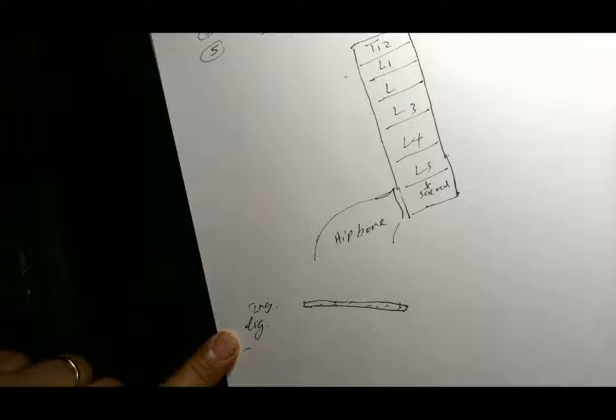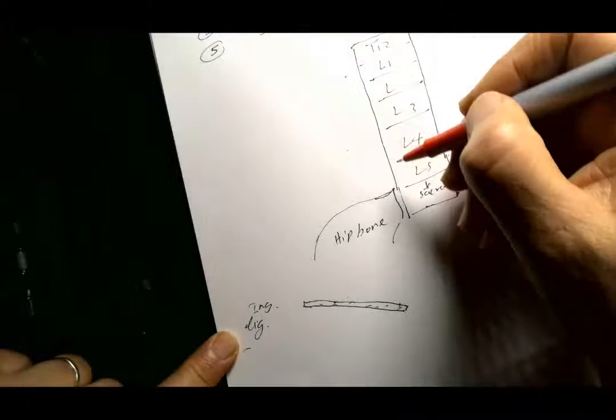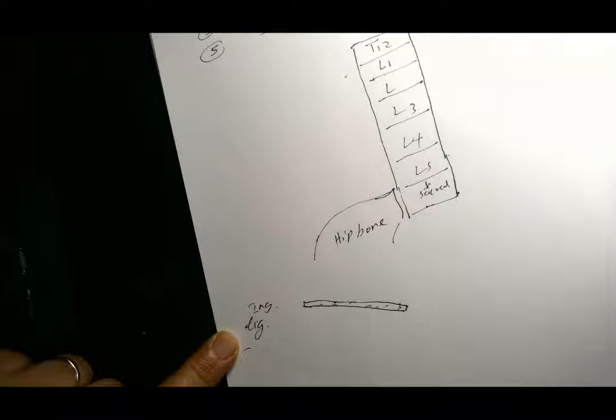So when we talk about psoas major muscle, let us imagine that we are talking about here the femur and the lesser trochanter. Here is the head, here is the lesser trochanter of the femur.